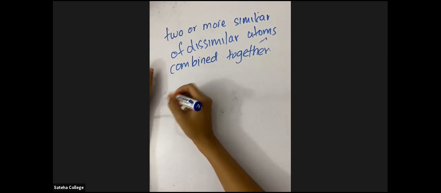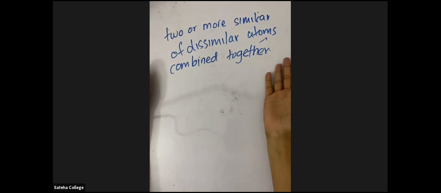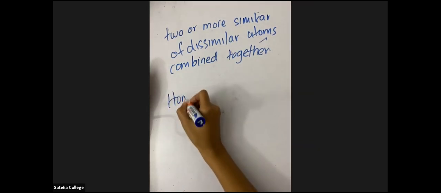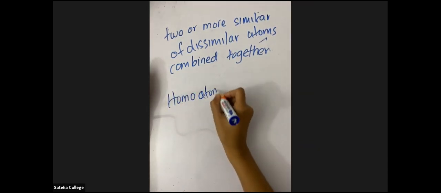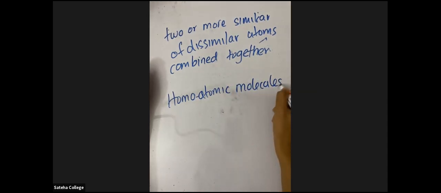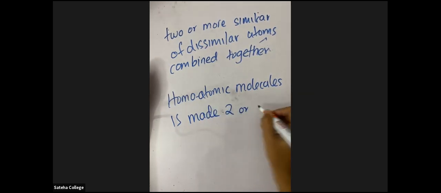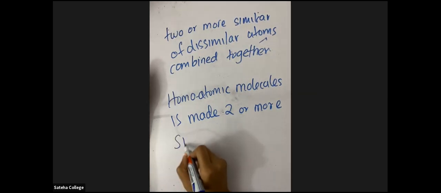So what is a homo? Homo means same. So now they're asking you to write the difference between homoatomic molecule and heteroatomic molecule. So you should say homoatomic molecule is made by 2 or more what? Similar or dissimilar? 2 or more similar atoms.